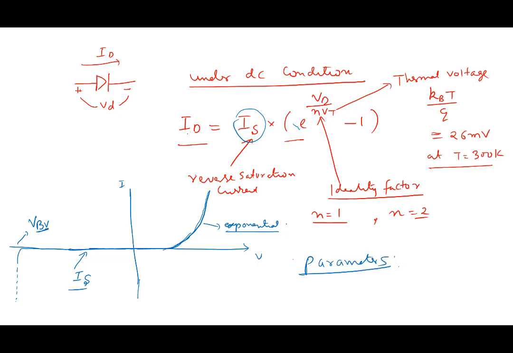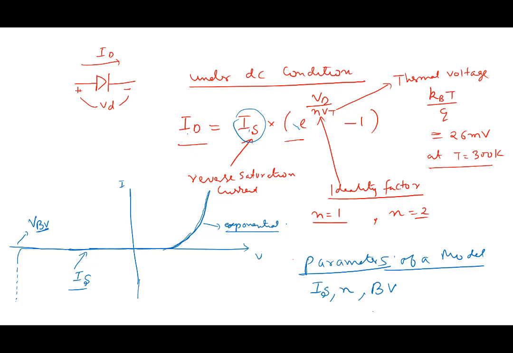This equation, let's say, is valid for all diodes, but different diodes will differ in the value of IS. Different diodes may have different N, and different diodes may have different breakdown voltages.